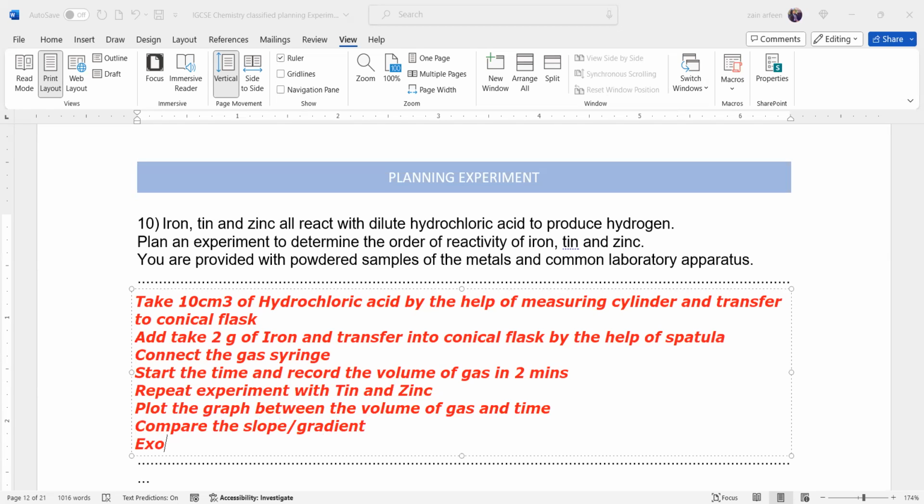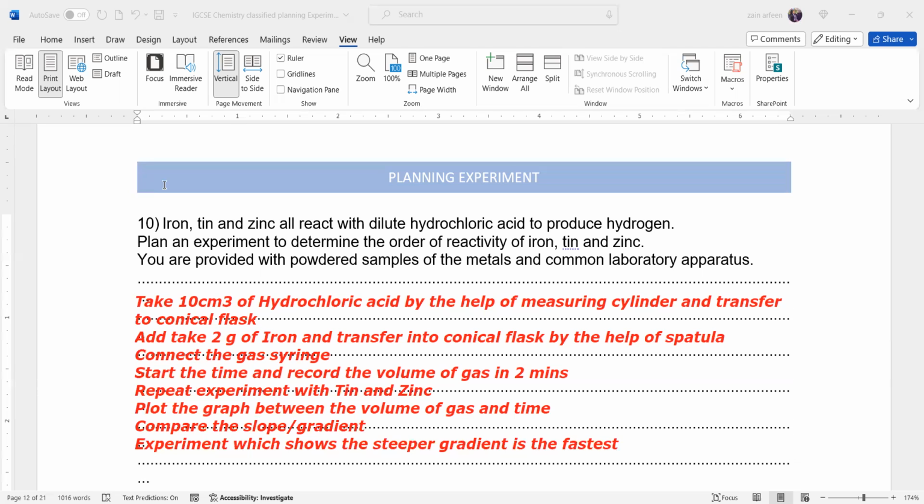So the experiment which shows the steeper gradient is the fastest. So we can compare the slopes. That's how you can plan. So this is one way of planning.